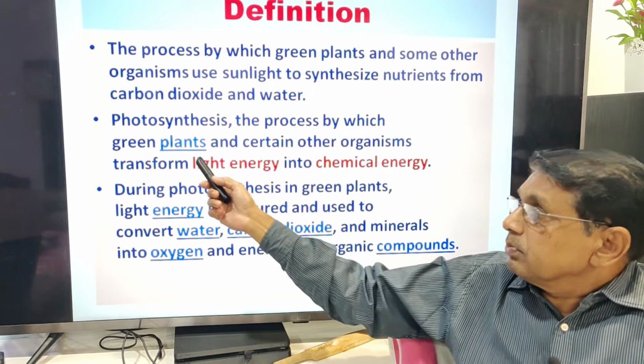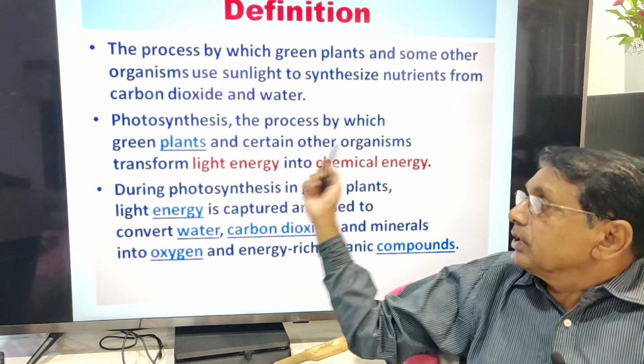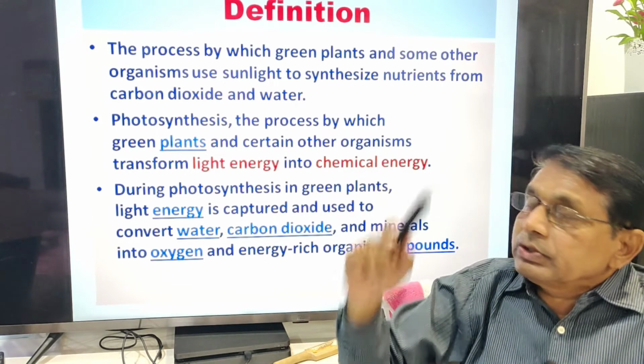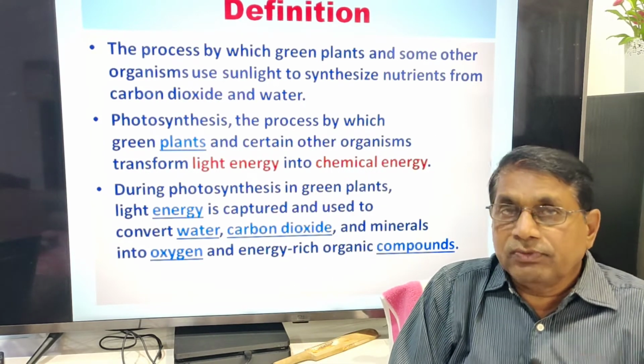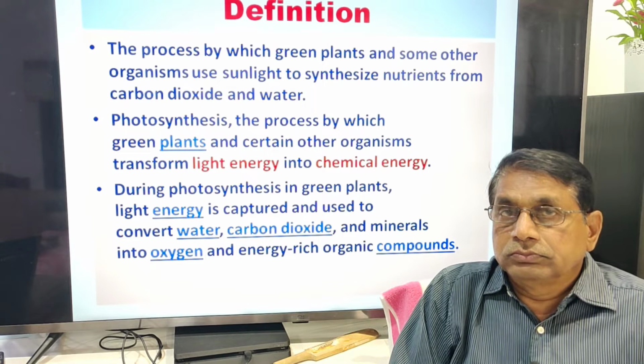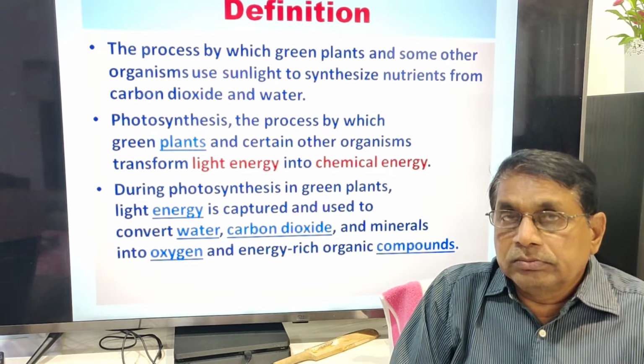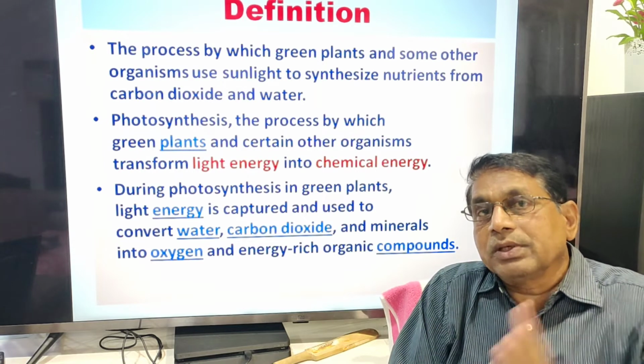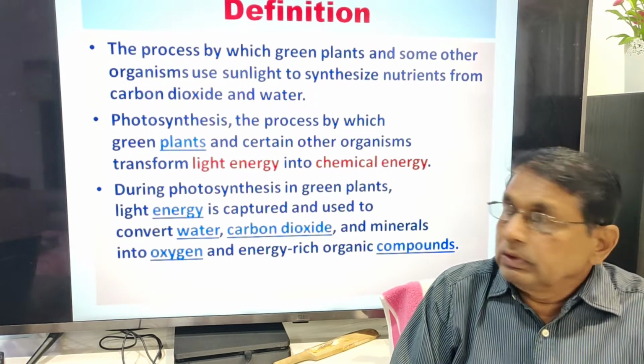Photosynthesis is the process by which green plants and certain other organisms transform light energy to chemical energy. If we go deep, light energy, a physical form of energy, is converted to chemical form of energy.